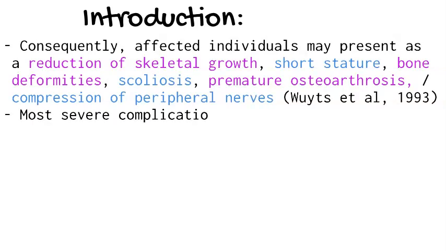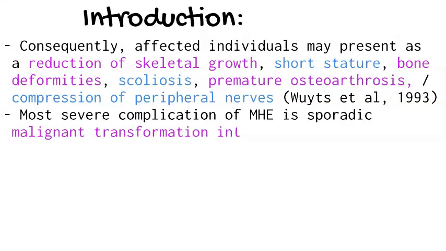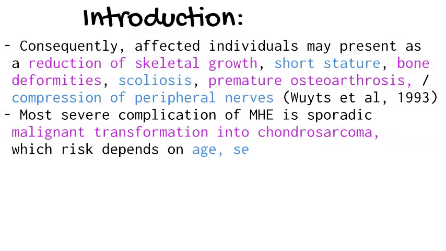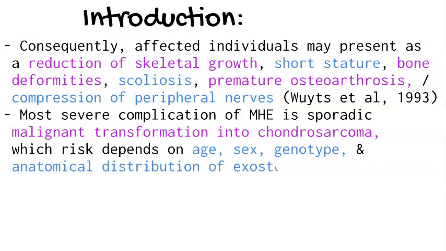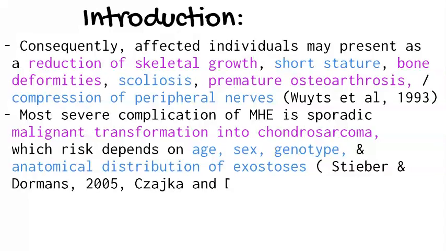The most severe complication of MHE is sporadic malignant transformation into chondrosarcoma, whose risk depends on age, sex, genotype, and anatomical distribution of exostosis, by Stieber and Dormans 2005, Czajka and DiCaprio 2015.